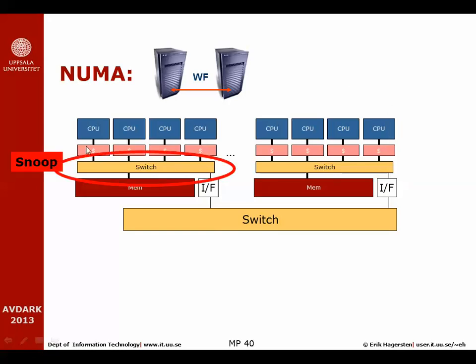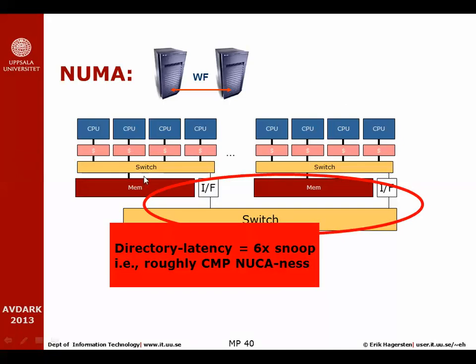This is typically implemented not by the scalable snoop implementations we discussed in some gory detail so far, but the coherence between all these multi-core chips is done through what's called directory coherence, which takes substantially longer. The performance difference between staying inside a node and going between nodes, in the specific system we measured here, is 6 times for remote access compared with local access.